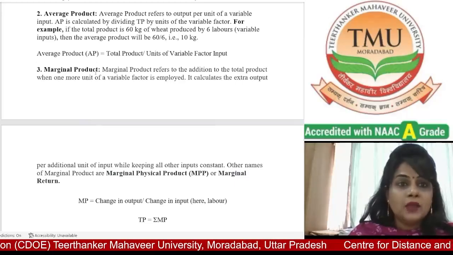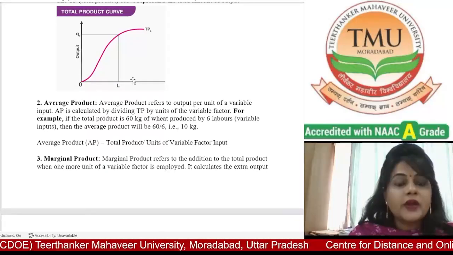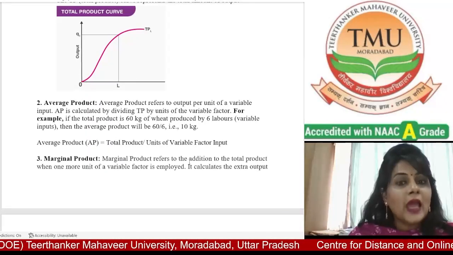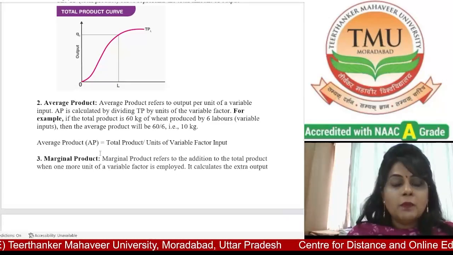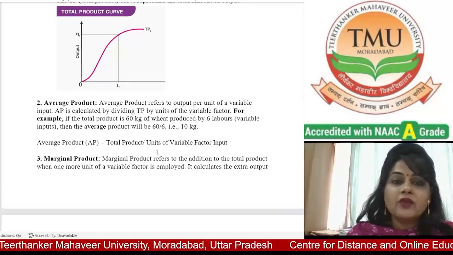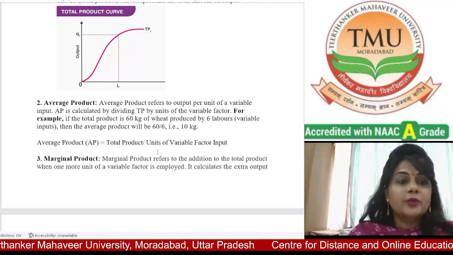Average product, AP. I also discussed AP in the total product: total product is AP multiplied by L. And if you want to find AP, AP is equal to total product divided by units of variable factor inputs.